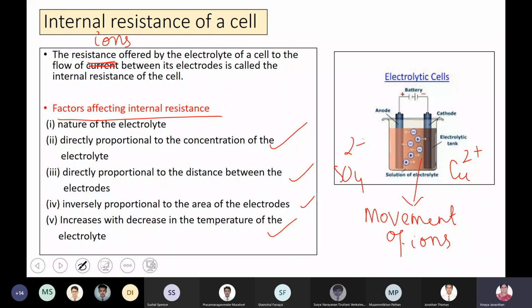They will surely ask what factors affect the internal resistance of a cell. You have at least 3 to 4 experiments based on these electrolytic cells, so you have to concentrate, because this becomes a part of your viva questions.